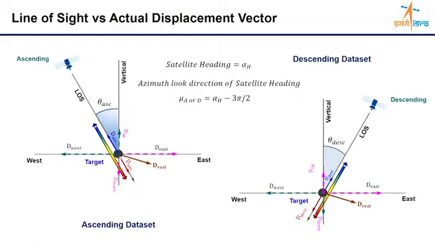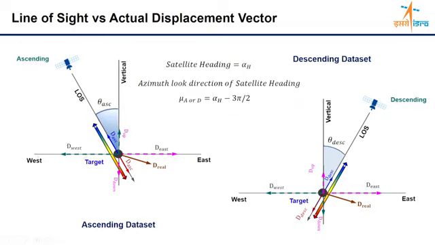So here I am assuming the actual displacement vector is along this particular direction, okay. From ascending pass InSAR investigations, we can calculate the line of sight displacement only, not this real displacement vector. So I am now creating a three-dimensional frame here.